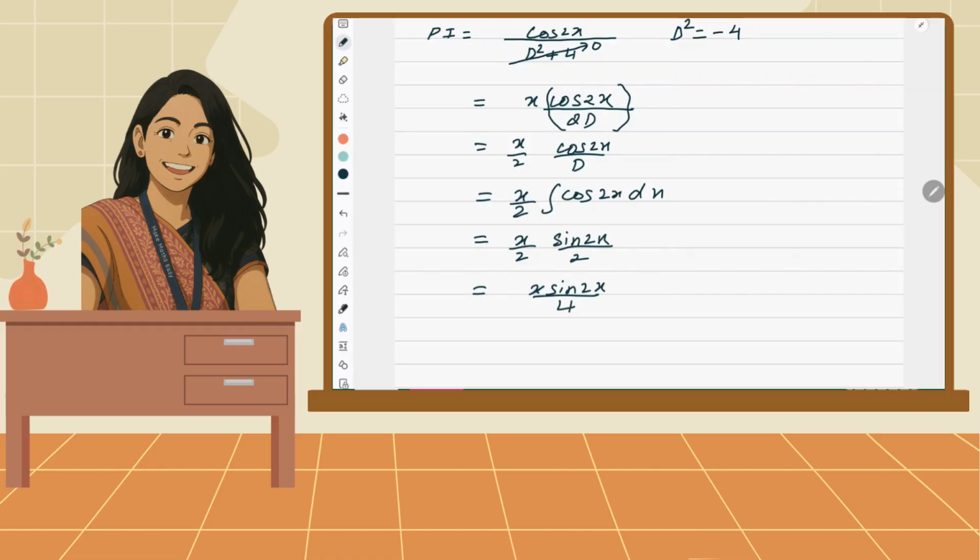So this is how you have to find the PI whenever you have the trigonometric function sine and cos, right? Now what will be the final answer here? Y is equal to CF plus PI. So what was your CF? C1 cos 2x plus C2 sin 2x plus x by 4 sin 2x. So this is how you should write down the answer.